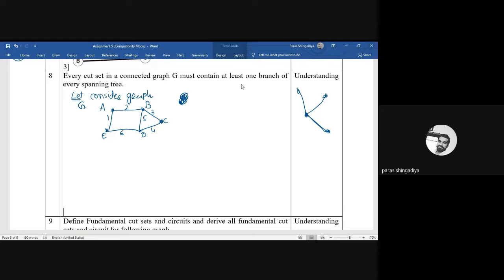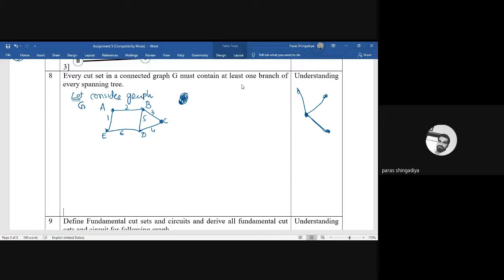And what is the definition of spanning tree? For connected graph G, a tree is said to be the spanning tree for connected graph G if it is a subgraph and it contains all the vertices. You have to keep all the vertices as it is here, and you have to just delete edges in such a way that all the vertices should be connected and it does not contain any type of closed walk.